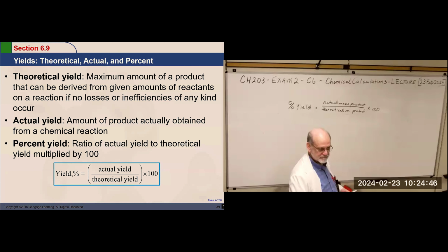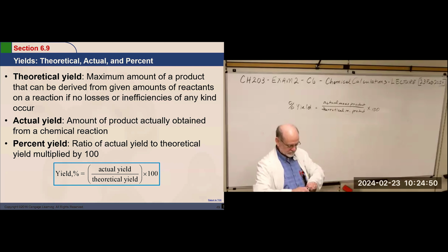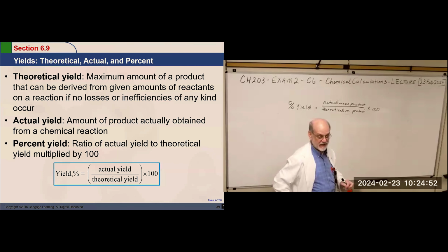Okay? It always happens. Every reaction, you never get 100% back. Sometimes you get more than 100% back, which means you've got contamination somewhere. But usually, for our purposes, we're going to be less than 100%.